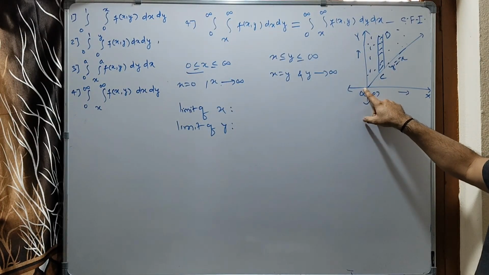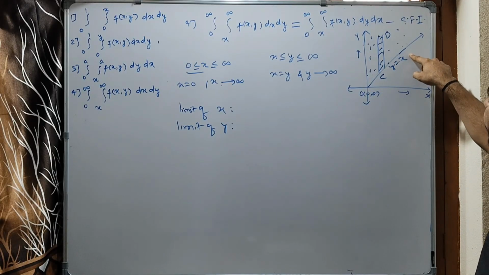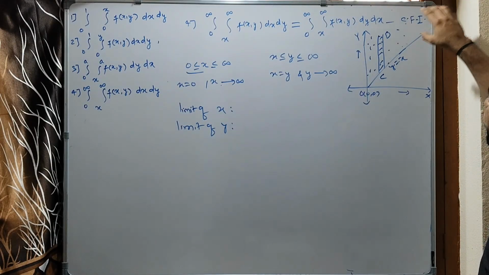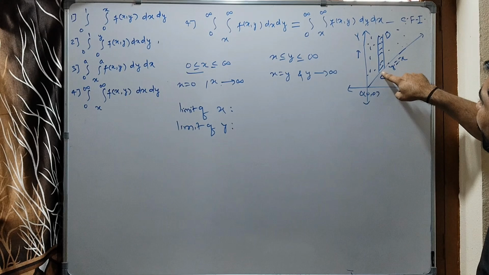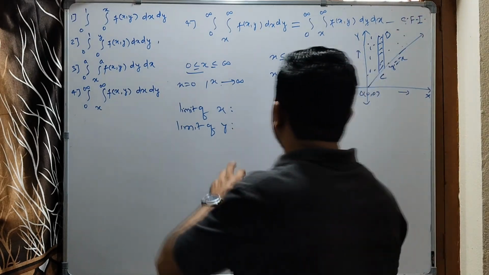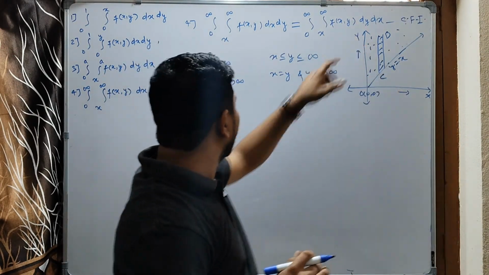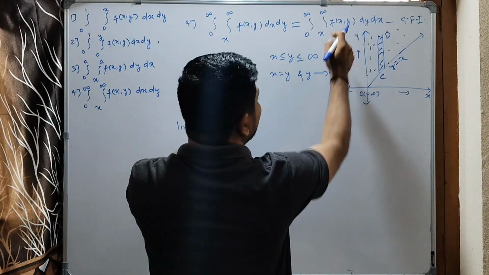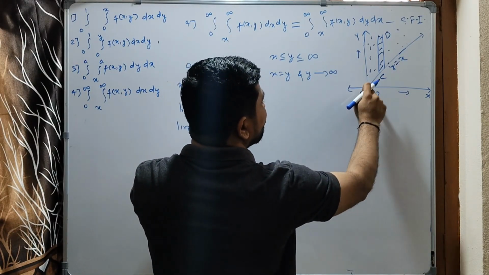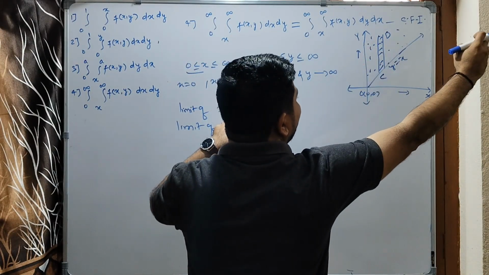At this point 0, 0 the value of x equals y. This extends up to infinity, and the limits of y start from y equal to x up to infinity. Therefore the limits of x run from 0 up to the height along the y axis.